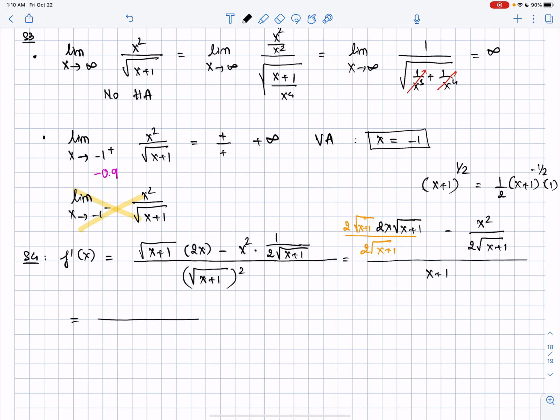So we will get 4x times the square root of x plus 1 times the square root of x plus 1, which is x plus 1, minus x squared. Then we simplify the one on the top. We will get 3x squared plus 4x, and for the bottom it will be 2 times x plus 1 to the 3 over 2. If you want, you can factor this out.